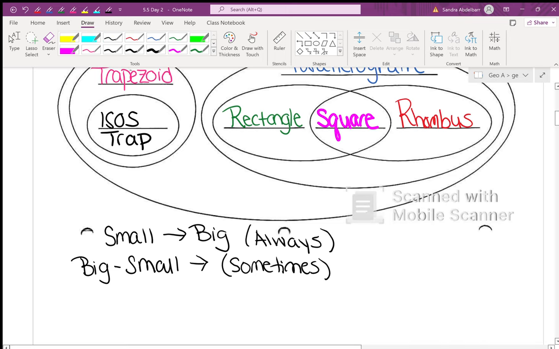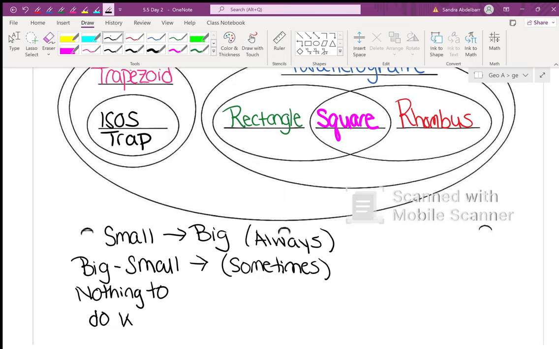And if the two circles have nothing to do with each other, what do you guess? It's a never. Good. So write that down and then I'll show you how this works.